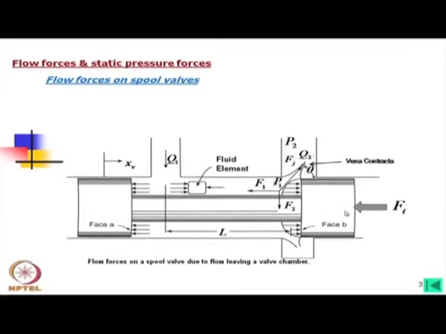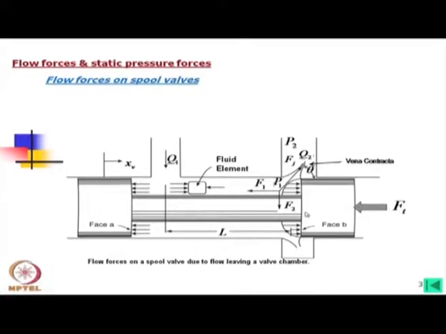First of all, we will look into the flow force. From the term you can understand that as the fluid is flowing, it will have some force component acting on the spool, which will try to open or close the spool in the direction of motion or in the opposite direction.